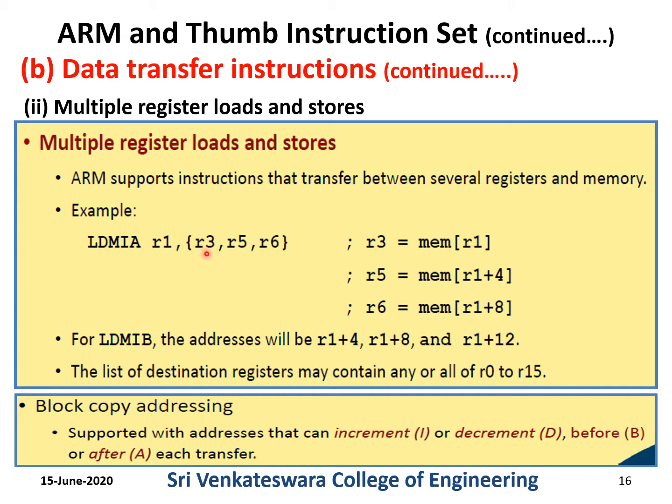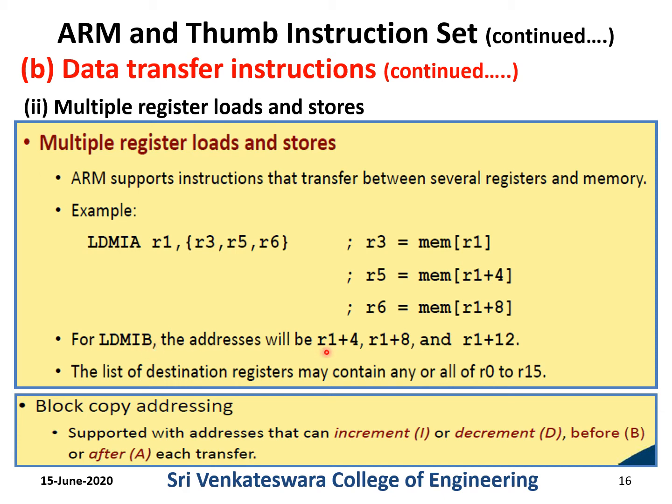After loading, the value of R1 is incremented by 4 and the successive data are accessed and loaded into the corresponding destination registers.